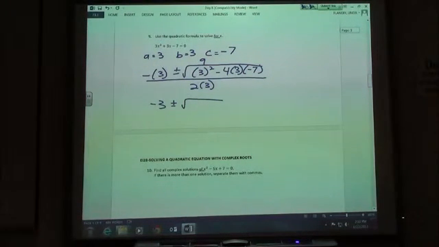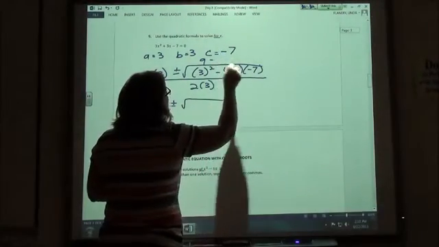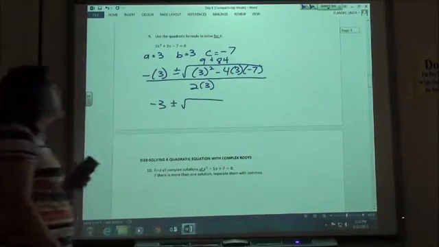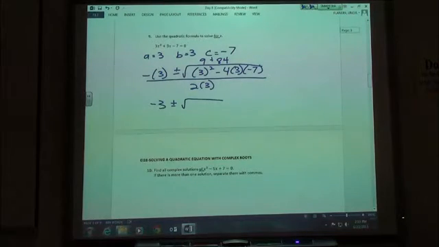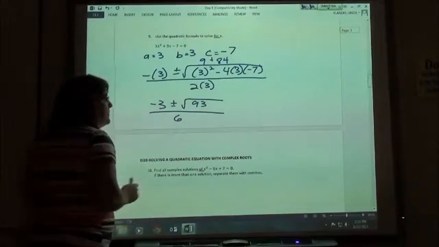4 times 3 times 7 is 84, and it's going to be positive, a negative times a negative. I was going to say that's in the wrong section if it's a negative, but we have a negative times a negative. So we get a positive 84 plus our 9, so we're going to have 93 over 6.